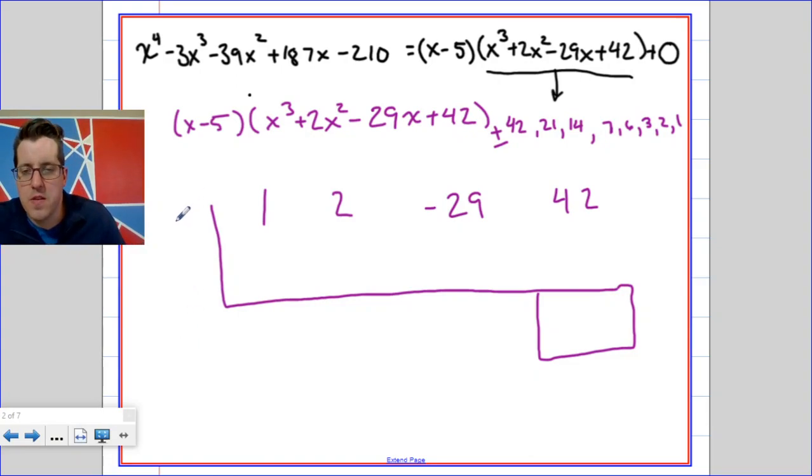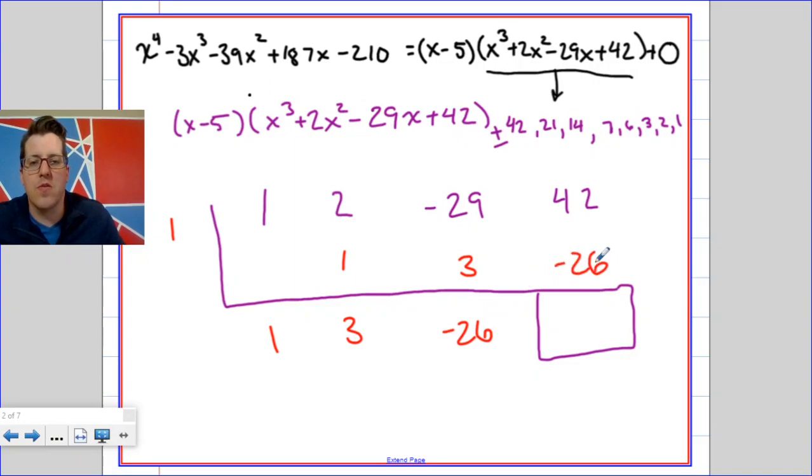So my first guess is going to be 1, because why not? 1 is easy. So when we plug in 1, we multiply by 1, and we can tell pretty quickly that this is not going to work because we didn't end up with 0 here.